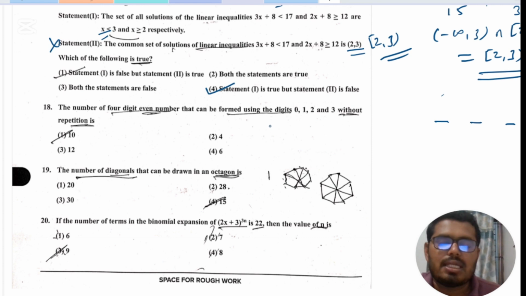If the last digit is odd, then that number is odd. But they asked for an even number, therefore the possibilities for the last place are 0 and 2, the two possibilities.